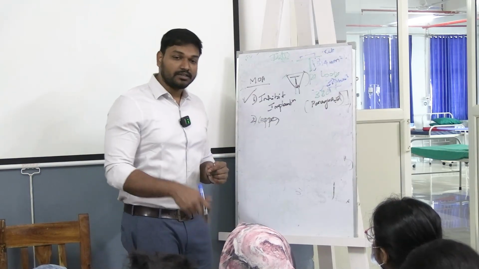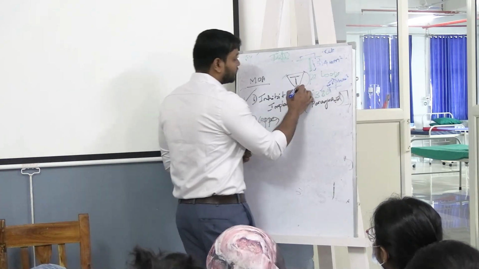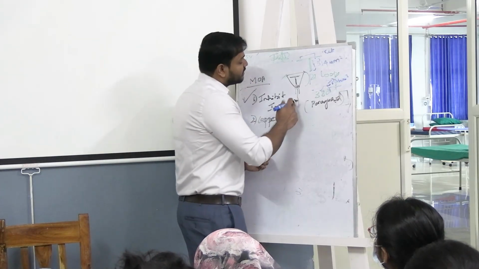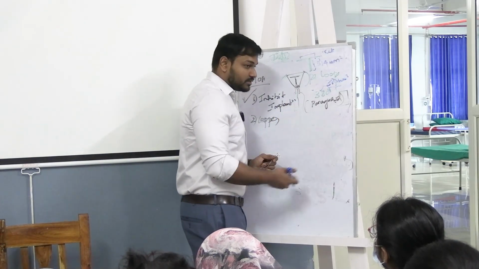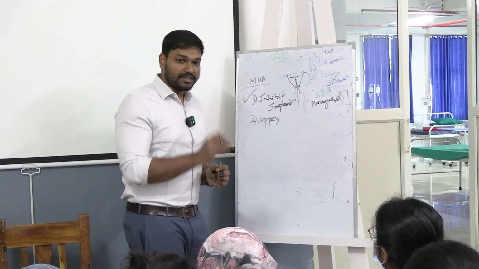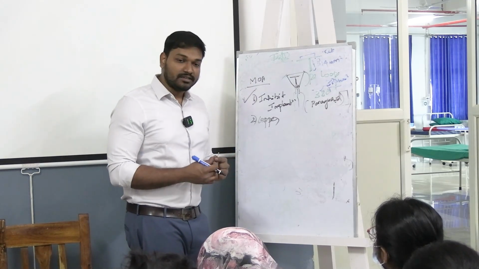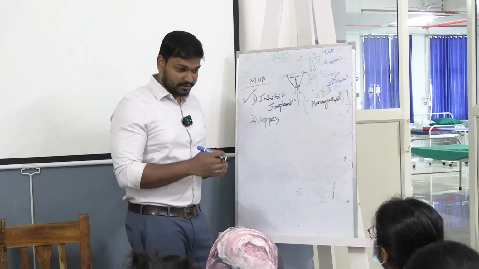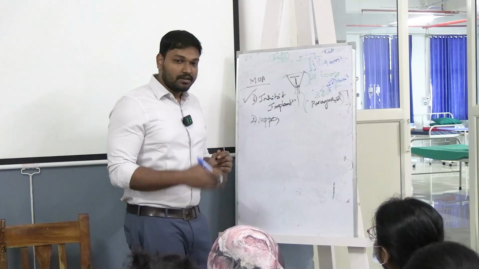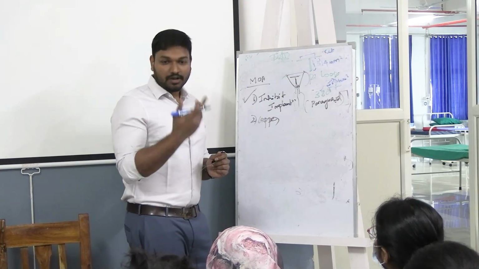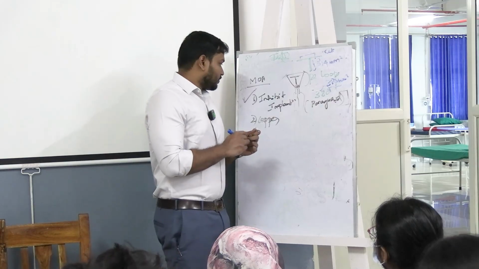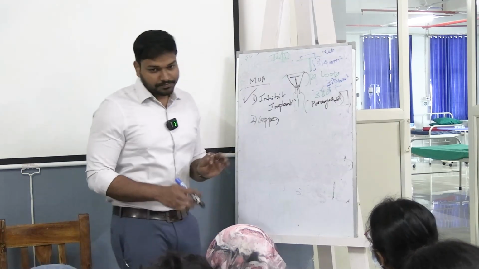This ball will prevent expulsion. And it has a thread. The woman can touch and see if the copper T is intact or not. If the thread is there she can understand the copper T is there. If the thread is not there she can think that it has been expelled or it has gone into some other complications. I will come to it later. So mechanism, no doubt.